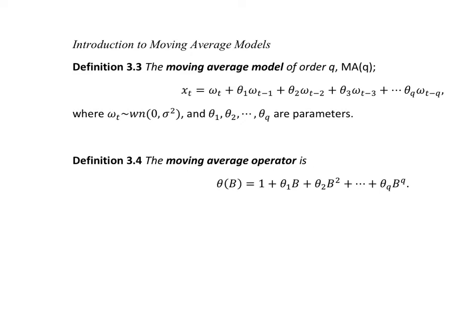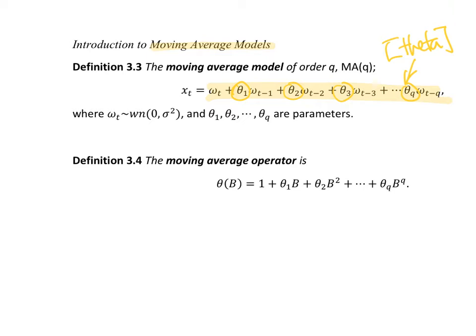Today's topic is the moving average model. As we discussed, the moving average is the MA model. It is the linear summation of the white noise, but in front of the white noise at each time, we plug in some constant, a Greek letter named theta.